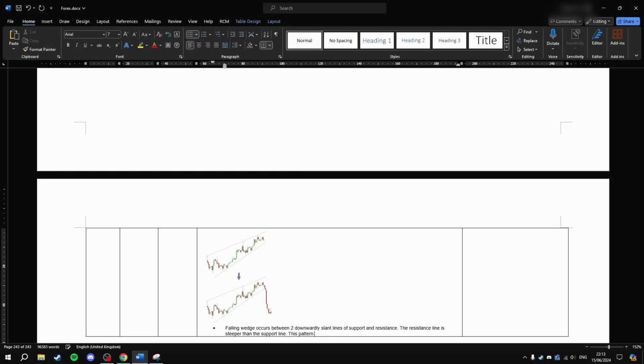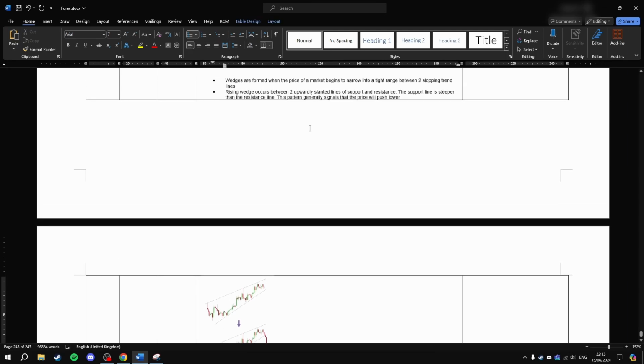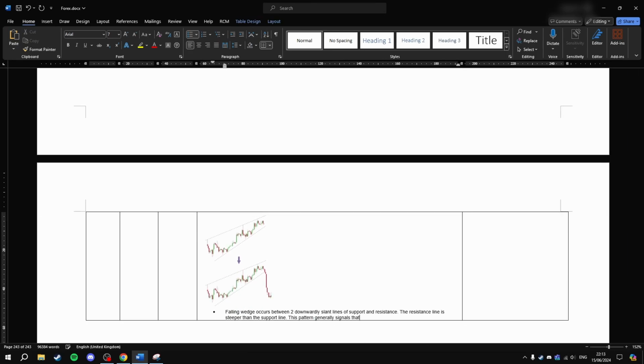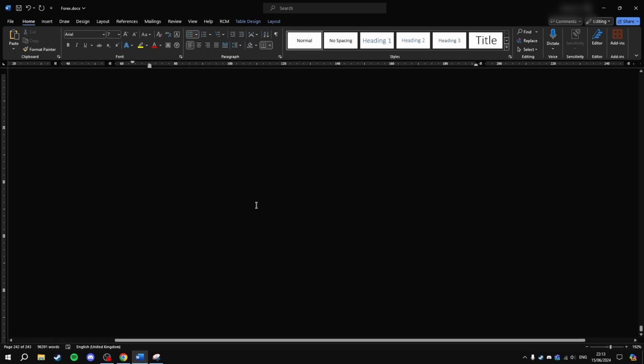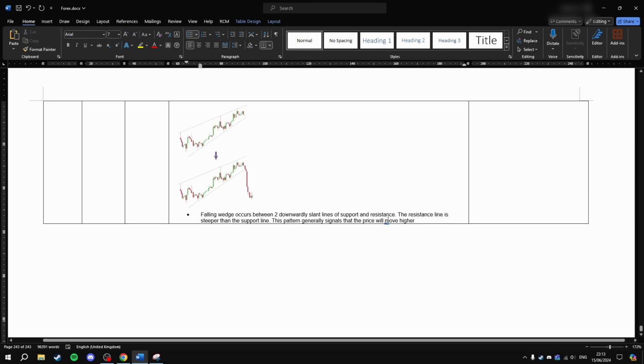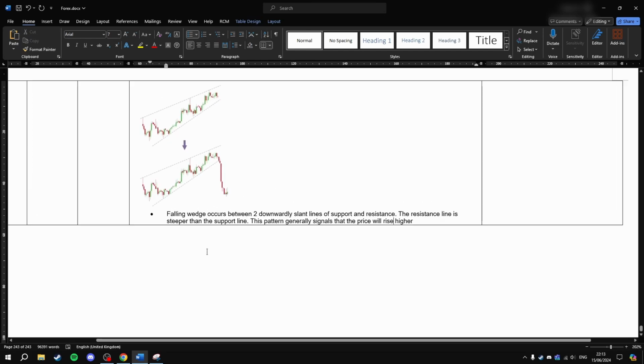This pattern generally signals that the price will move higher, will rise higher.